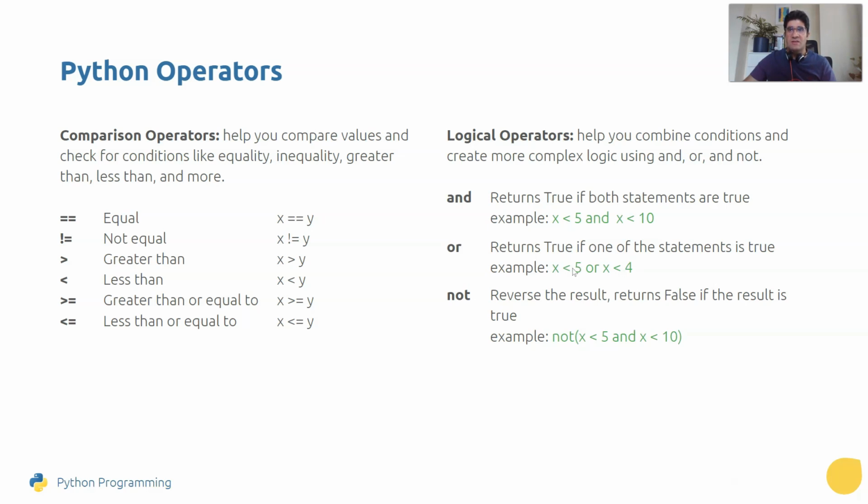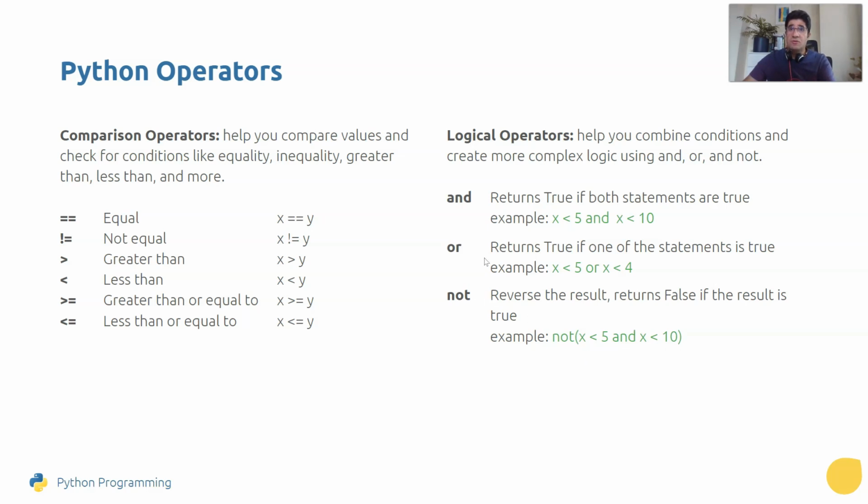For example, x less than 5 or x less than 4. If one of these conditions is true, it will return true. And not will reverse the value. These kinds of operators work on boolean values. For example, not x less than 5 and x less than 10.